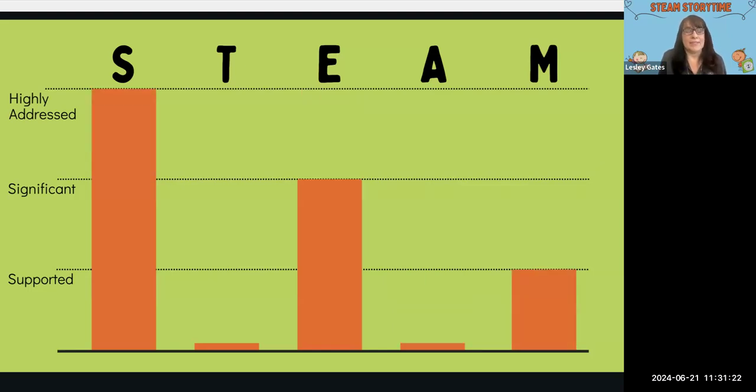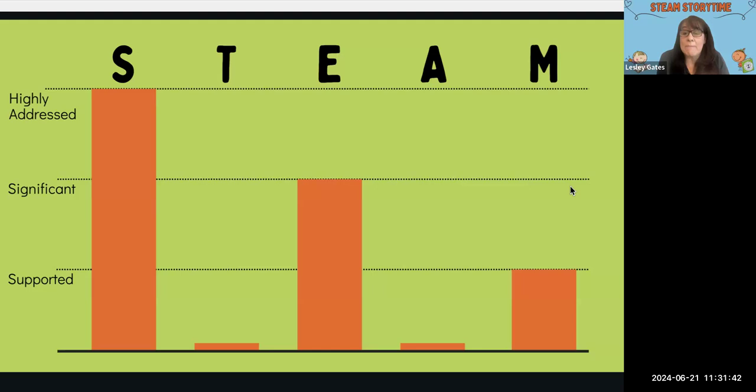Maybe I've done another lesson and I realize, oh, this is a very highly addressed science activity, and I'm going to tie in an engineering piece. It's there. The kids are going to engage in those engineering practices and the engineering thinking. And then there's going to be a little bit of math there.